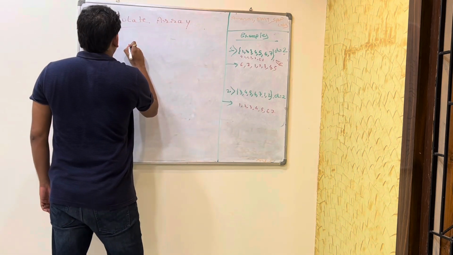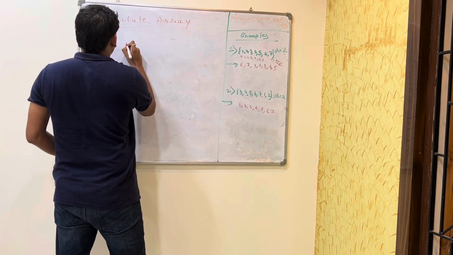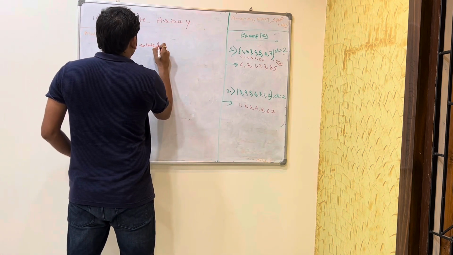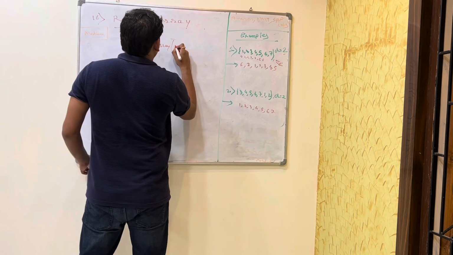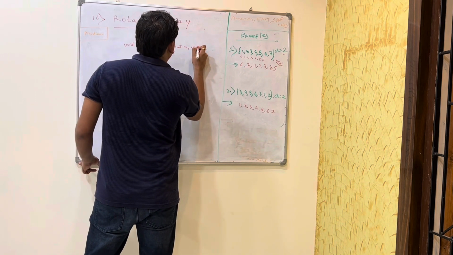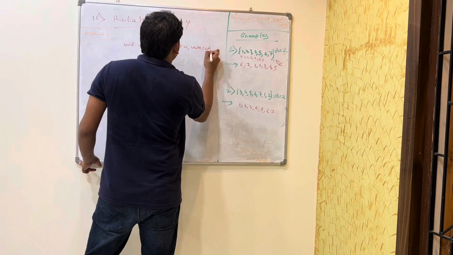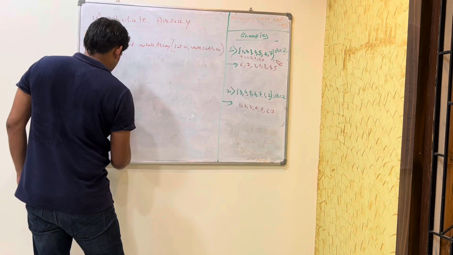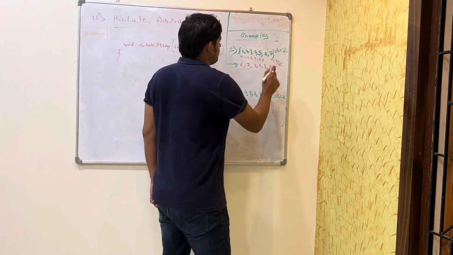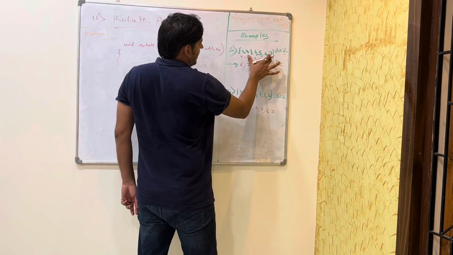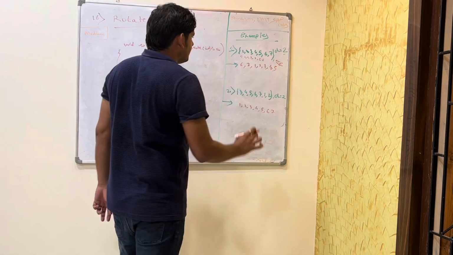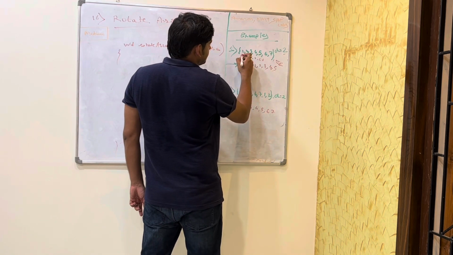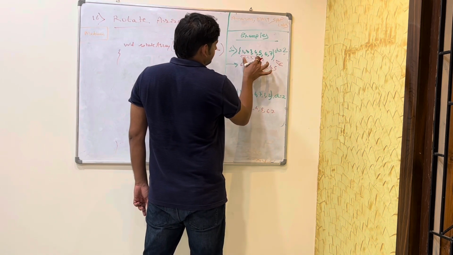Say we have void rotate array, and we have a vector reference a. Now if the size of this array is n, then n minus d is this, and n minus d minus 1 is this part.